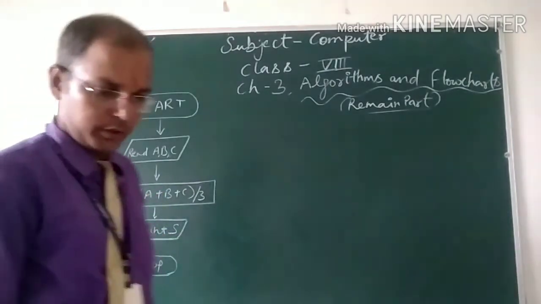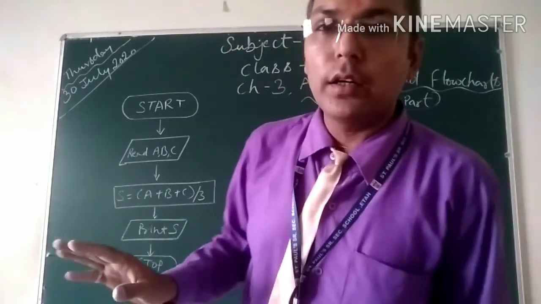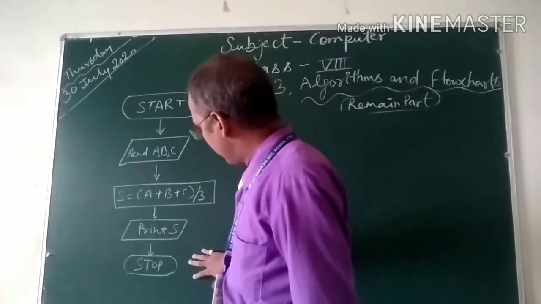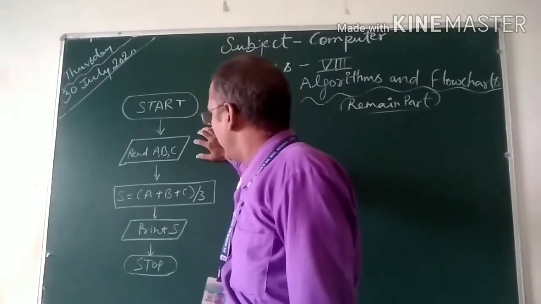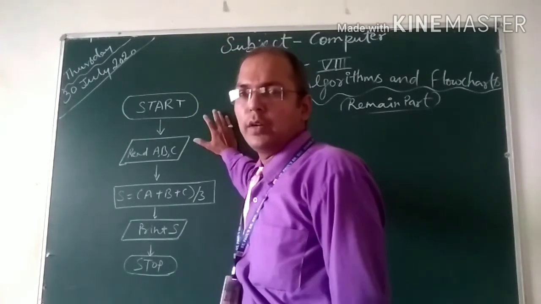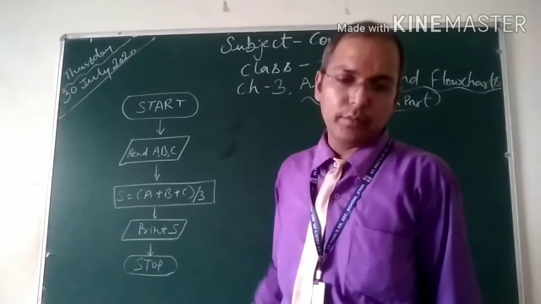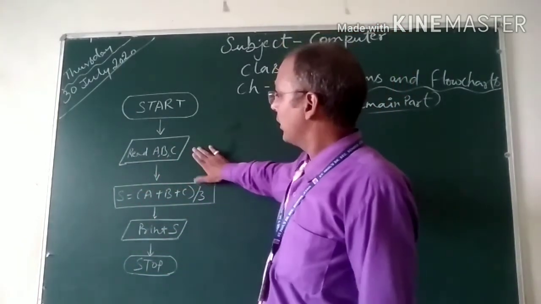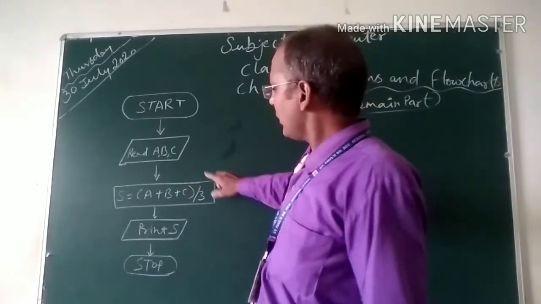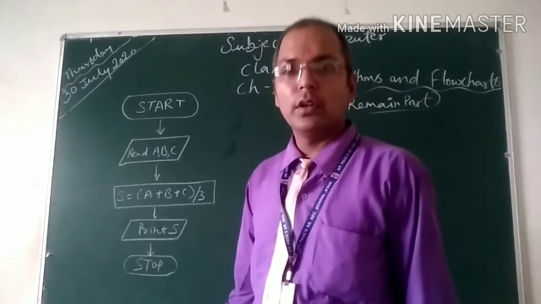So this is the flow chart. In all flow charts, the first and last are common, start and stop, and the middle depends on the flow chart. The third example is the flow chart to find the area of a square: read A, area of square is A into A, print area, and stop.